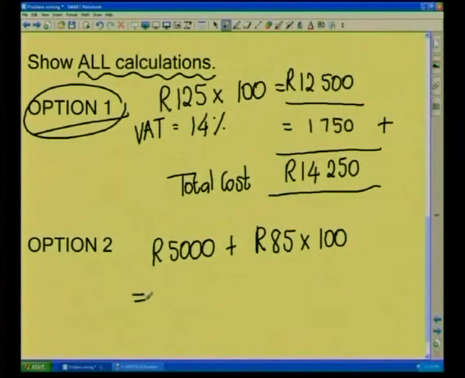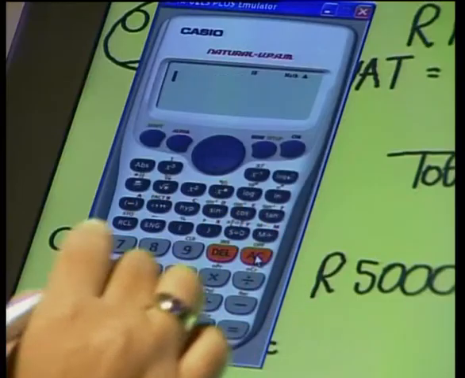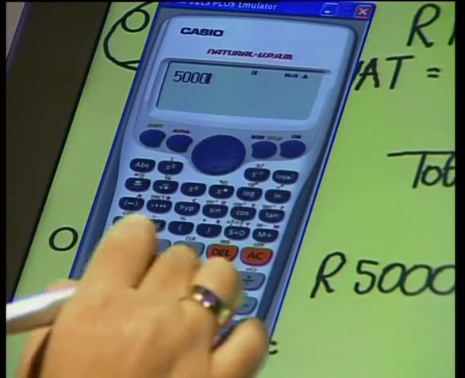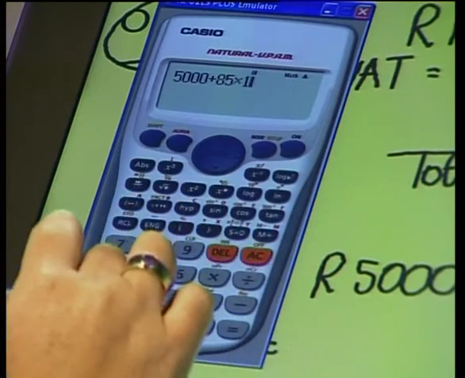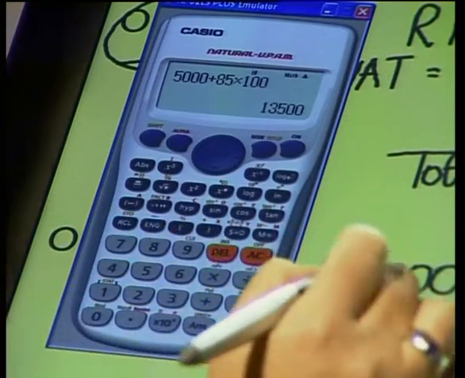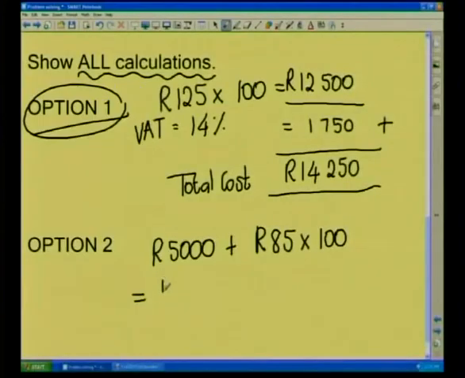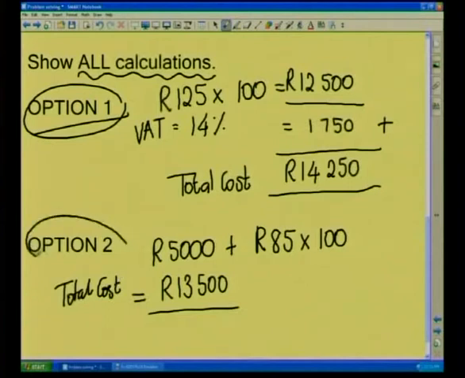So if I did that on my calculator, it's going to be 5,000 plus 85 times 100, and I get 13,500. So the total cost of option 2, and note that I've labeled very clearly which is option 1 and which is option 2.